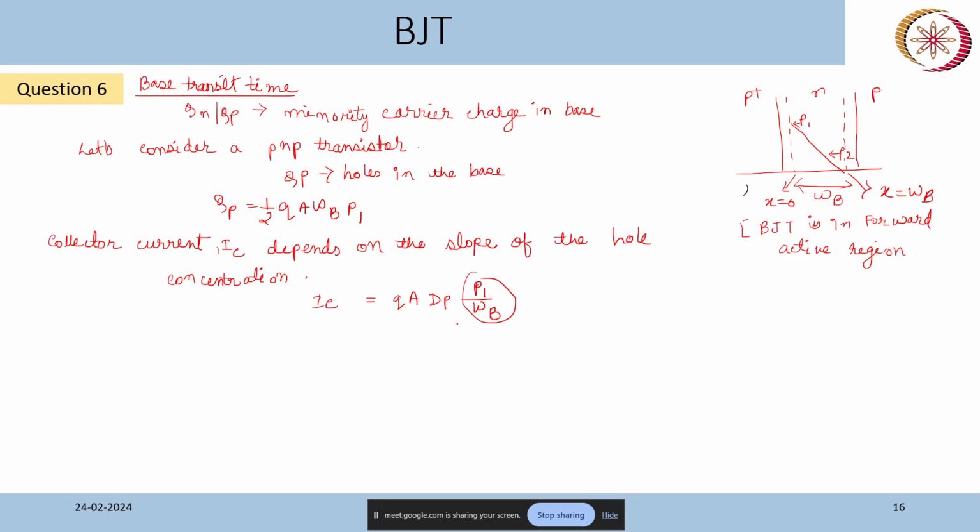How do we get collector current? IC is equal to charge by time, so current equals Q by t, right? So QP by some time t. What is this t in our case? That is the base transit time.